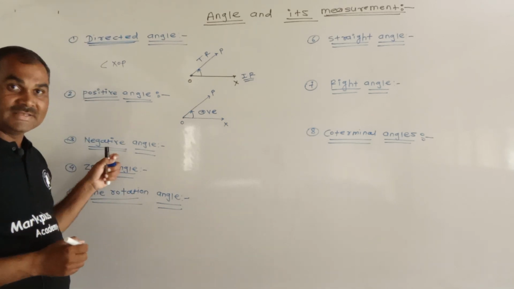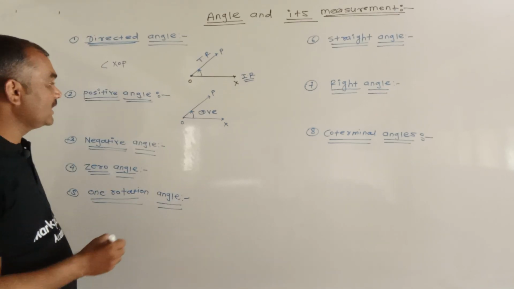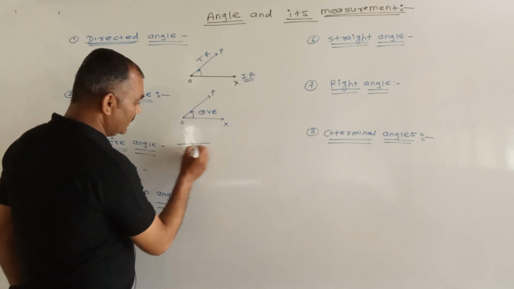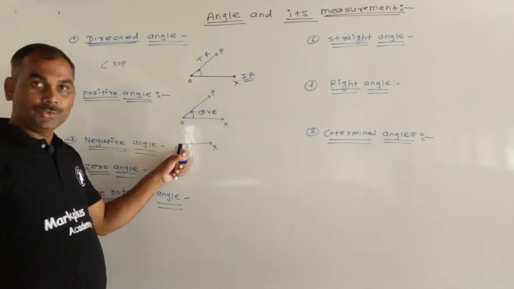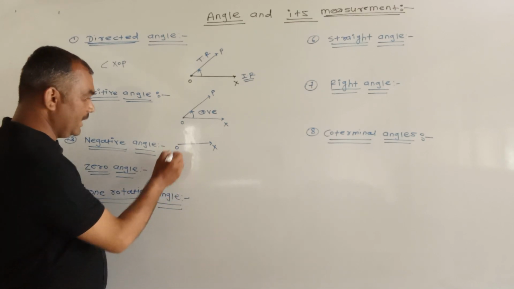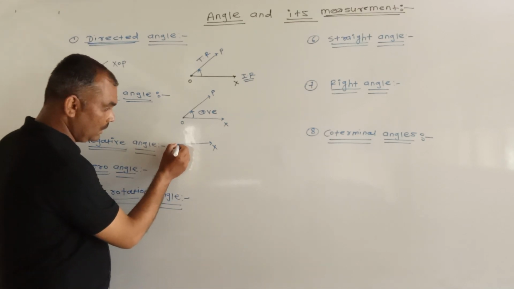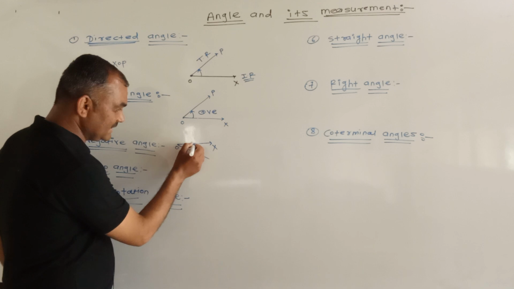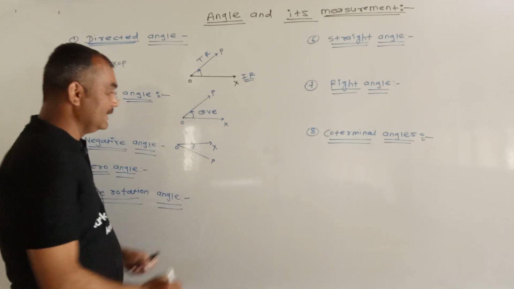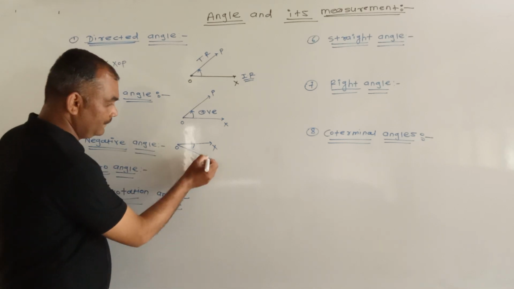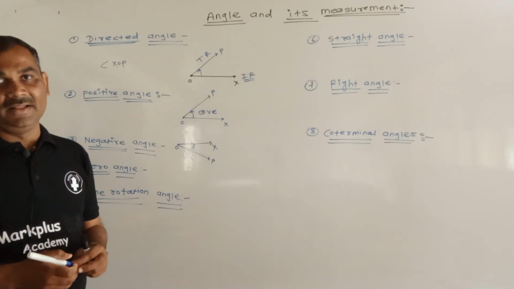Then the next definition is negative angle. So what is a negative angle? Suppose this is your ray OX, and we rotate this ray OX about the point O in a clockwise direction. Here the direction is clockwise. Then the angle XOP is called a negative angle.